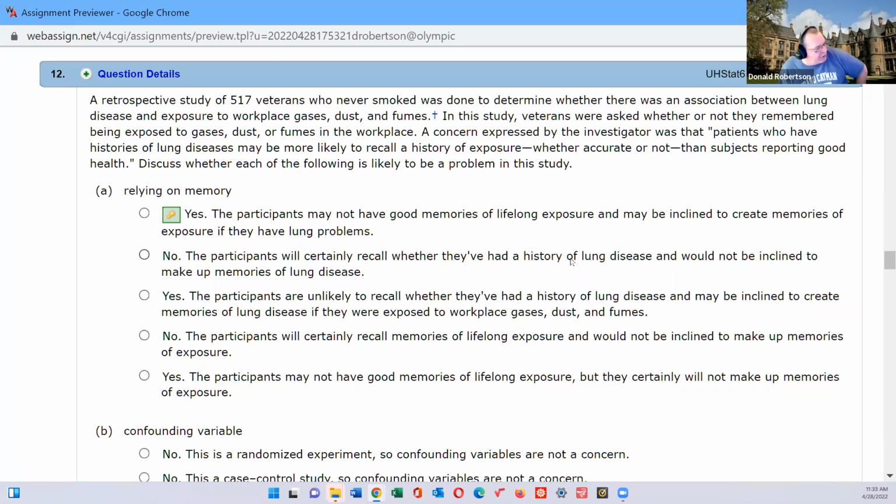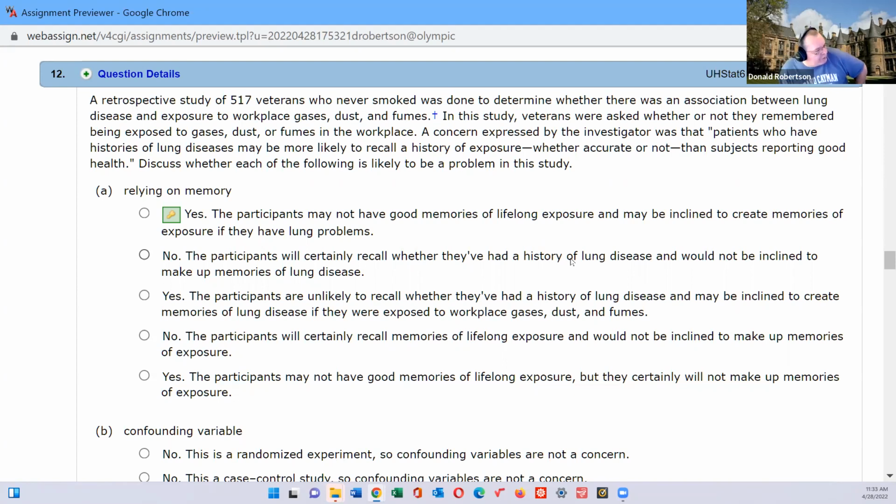And a concern expressed by the investigators was that, in this study, the veterans were asked whether or not they remember being exposed to those things. Memory is a very dangerous thing. Don't you only remember what you want to remember or what seems significant to you, right?